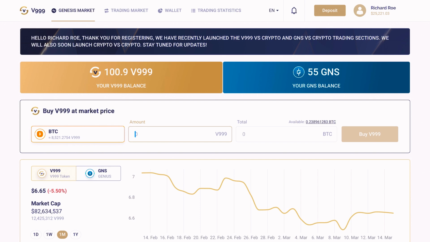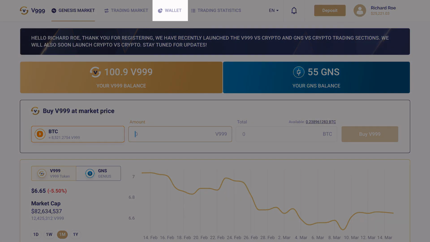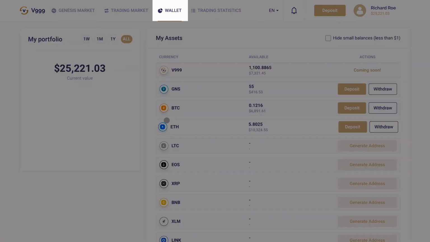Now that you have successfully deposited funds, traded and understood how to earn passive income with the V999 platform, we will now show you how to withdraw your funds. Click on Wallet. Click on Withdrawal.